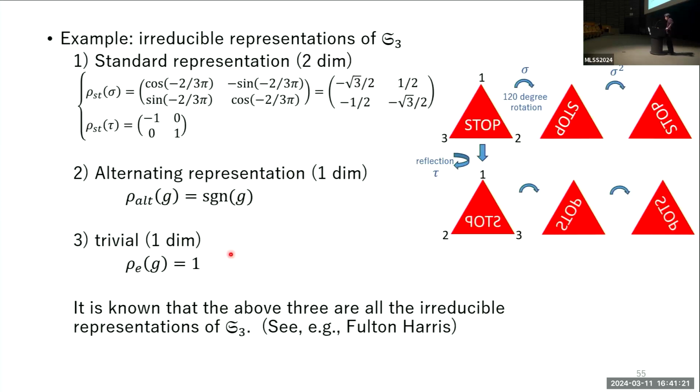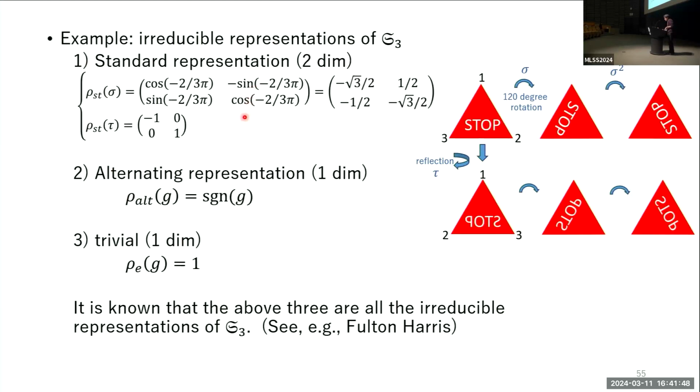And we always have the trivial representation. This is a one-dimensional representation assigning all the elements to 1. This is the identity mapping of the one-dimensional vector space. And it is known that a one-dimensional representation is always irreducible because we cannot decompose a one-dimensional space into two, right?